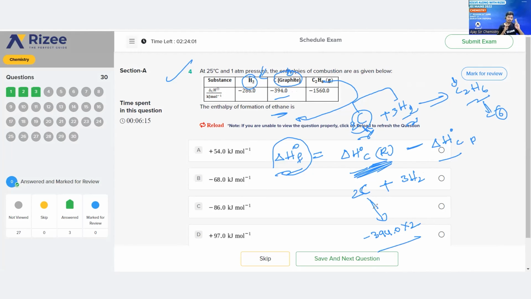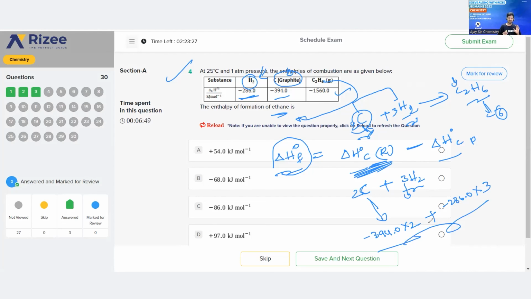And plus 3H2: 1 H2 has an enthalpy of combustion of minus 286.0, and the stoichiometric value here is 3, so into 3.